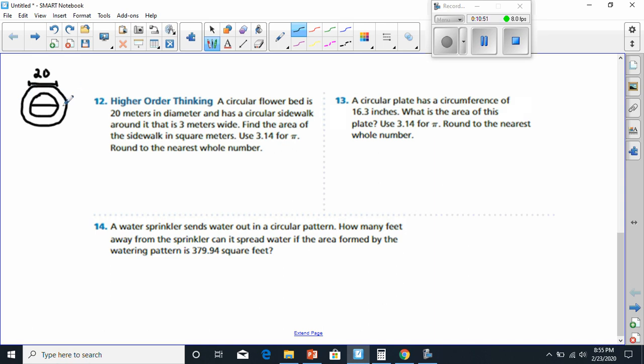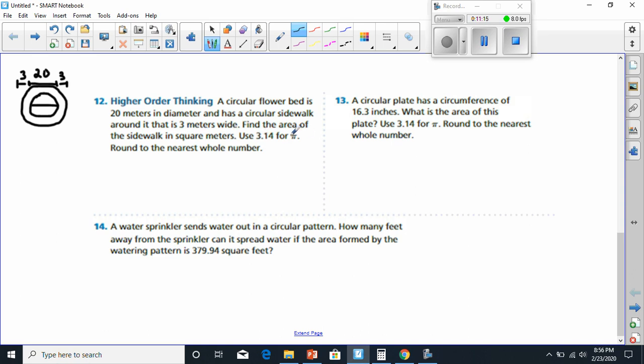And the sidewalk, okay, from here to here, they're saying is 3 meters wide, which of course means the sidewalk over here is also going to be 3 meters wide. So from this distance, from there to there, we're talking 3 meters each.